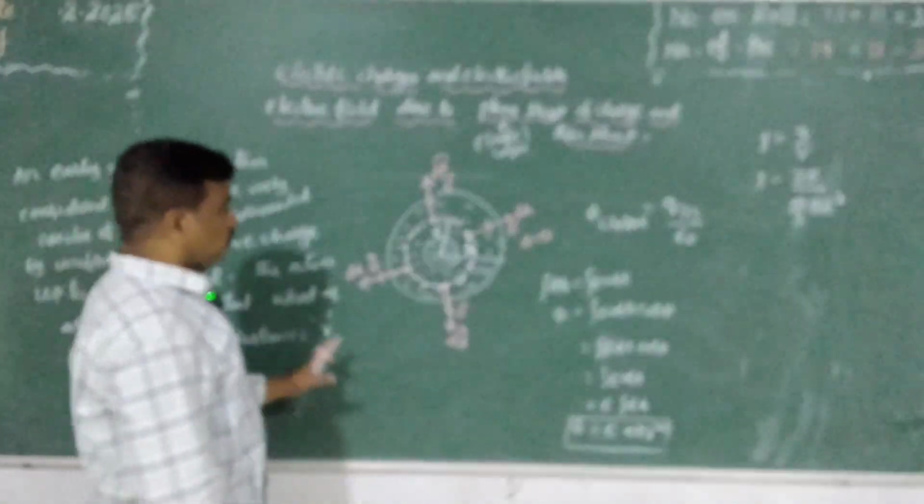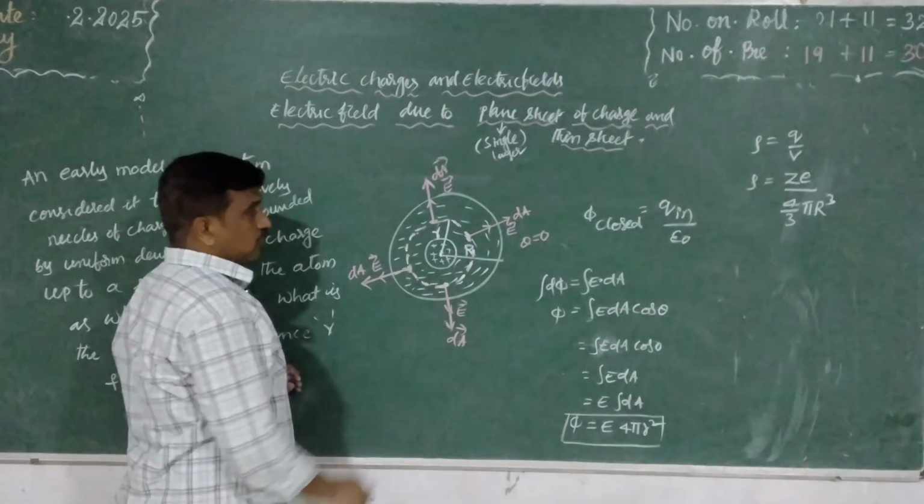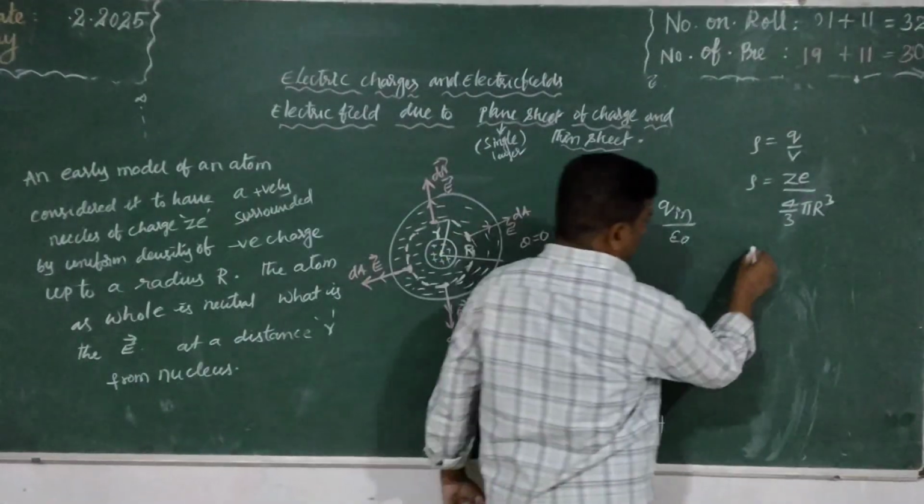In this one we want the charge in this surface, so we take it as Q dash.